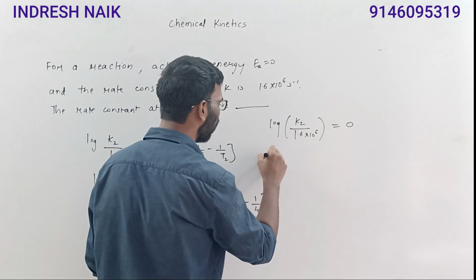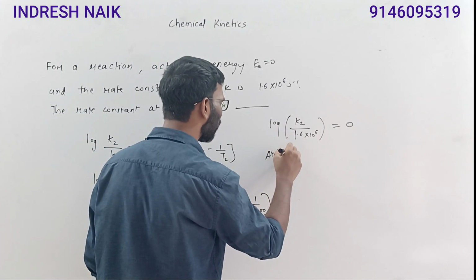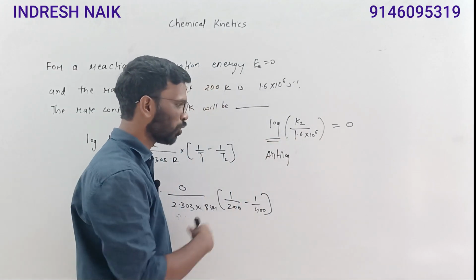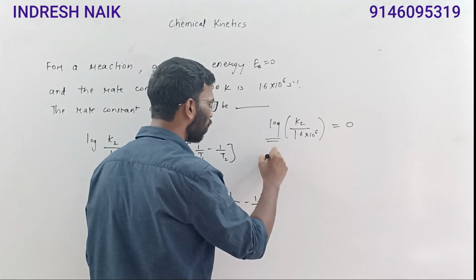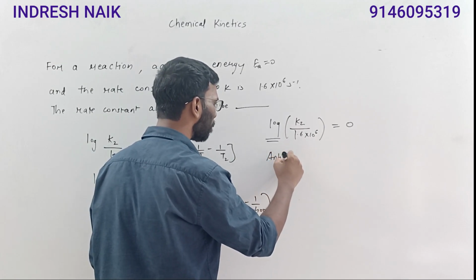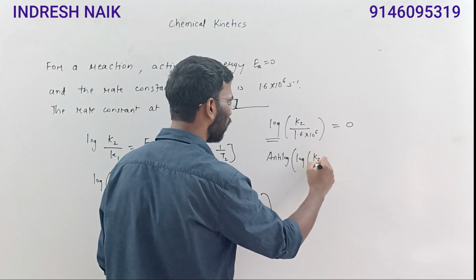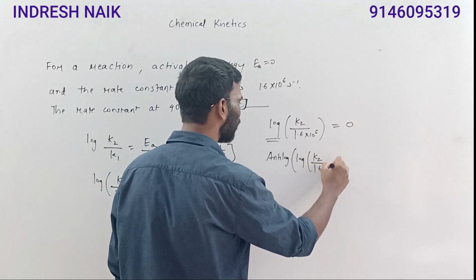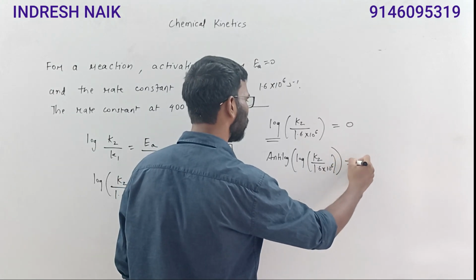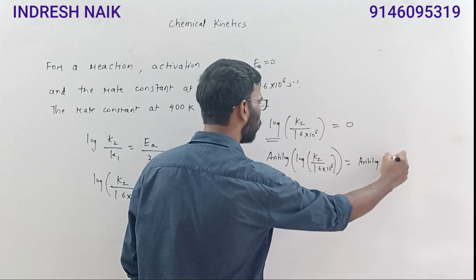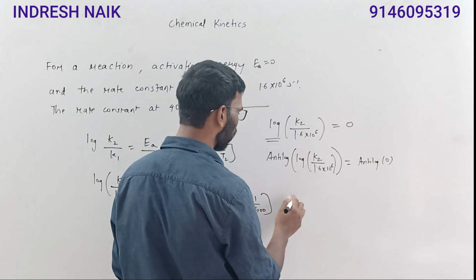So if I take anti-log on both the sides, because I need to get rid of this log, no? That's why I'm taking anti-log. Anti-log of log of K2 upon 1.6 into 10 raised to 6 is equal to anti-log of 0. So anti-log and log cancel.